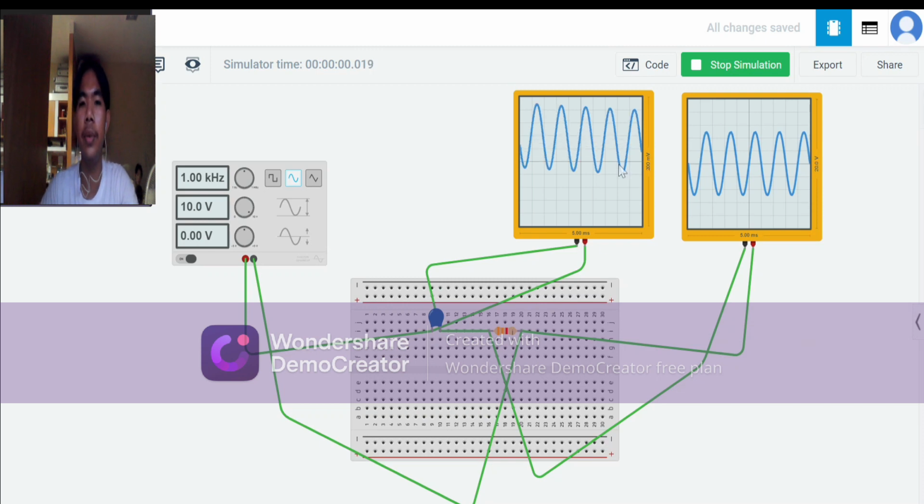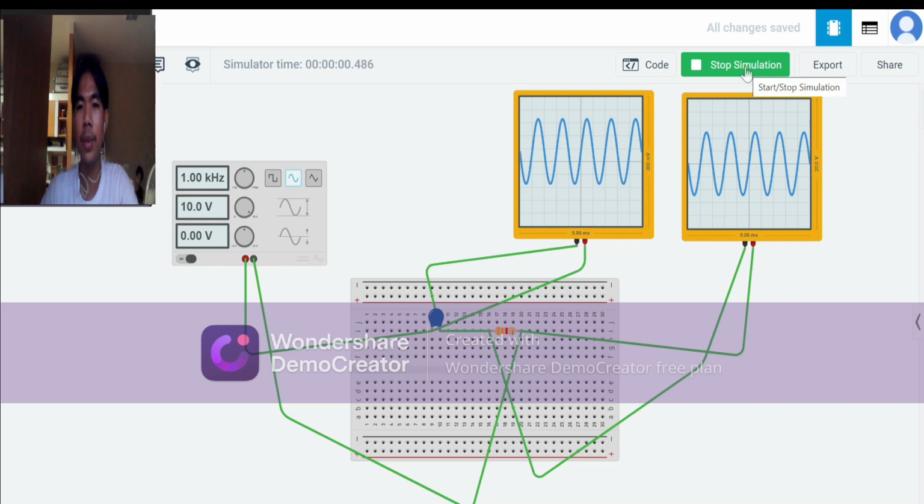This is going to give the phase angle of the capacitor and the resistor in the same phase, which means phase equal to 0 between capacitor and resistor.